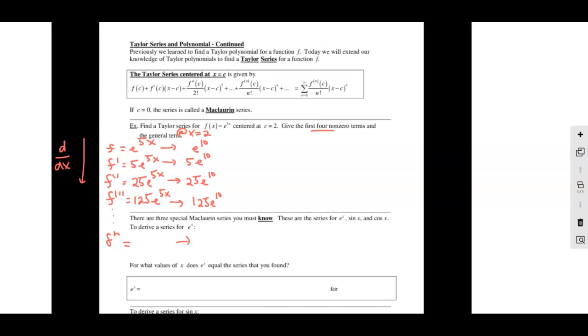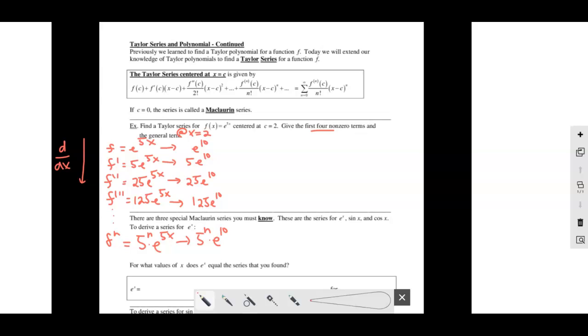So all of these derivatives are going to have that e to the 5x, but it's really going to have 5 to the nth power as the coefficient. And you start with the 0th derivative, so 5 to the 0, that's 1 e to the 5x, then 5, 25, and so on. So there's our general term. It's going to be 5 to the n times e to the 10. Okay, so there's our general form for that nth derivative.